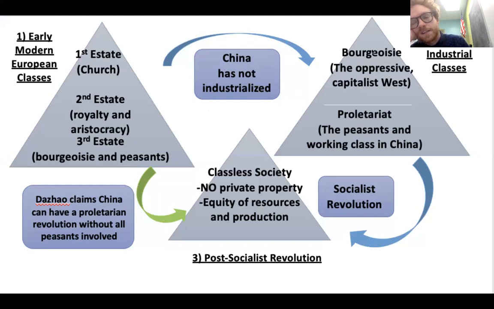It's going to be this distinction between the West, who's oppressing China, and the peasant and largely small industrial working class in China. And it's going to be this peasant vanguard party that leads a socialist revolution, finally establishes a classless society. So we don't need all the peasants, just the vanguard party to lead the people in their best interest.